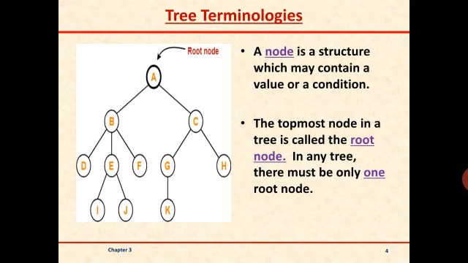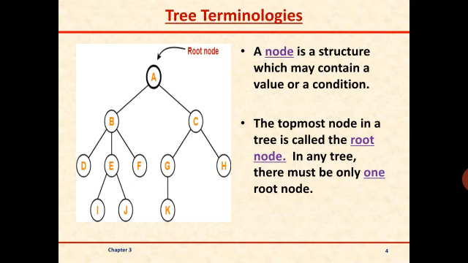Before learning the binary tree, we must know a few terminologies used for any tree, whether it is a binary tree or AVL tree. The first terminology is node. A node is a structure which contains a value or a condition. It represents a separate data structure.